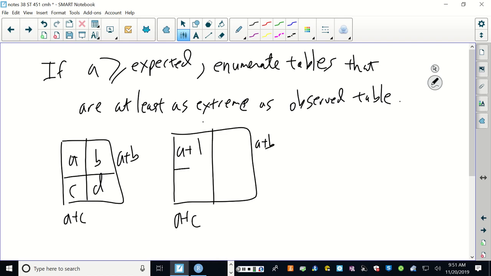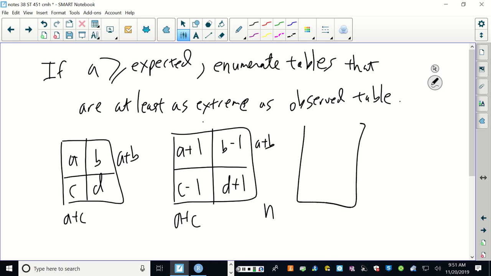So if this goes up, this one has to be B minus 1, this one has to be C minus 1, and because everything still adds up to N, this thing has to be D plus 1. So that's the next table that's pulling away from independence. If A is bigger than expected, this is even more so. Expected counts are exactly the same for that table with those fixed margins of independence.